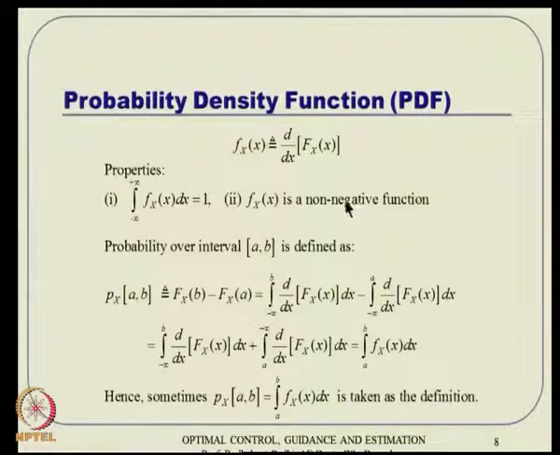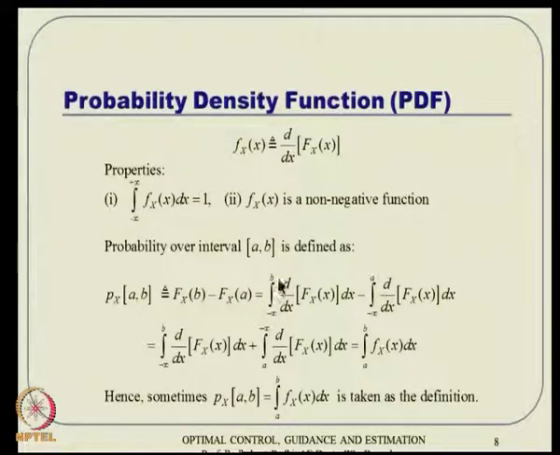Now, what is the beauty of defining this? It turns out that we can evaluate the probability between some segment a b once we know this. How to do that? P x of a b is nothing but F x of b minus F x of a.